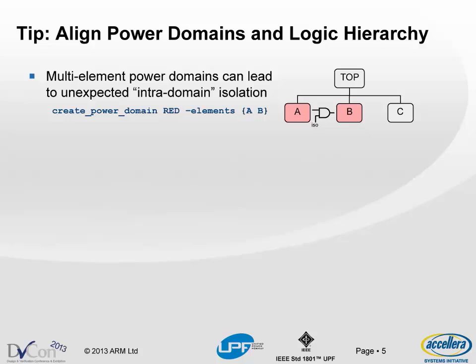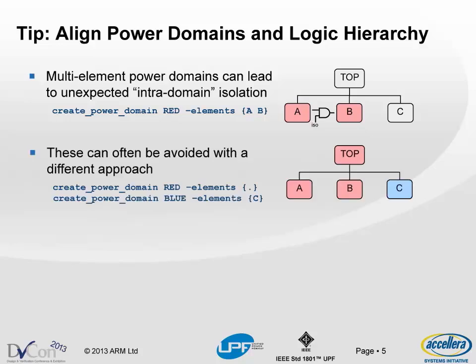But the way UPF works, the power domain red's boundary is the aggregation of the boundary of module A and module B. So the fact that the net leaves A means it leaves power domain red. And if you think about it from a Verilog perspective, the wire that connects A and B exists in module top. That's why you get this somewhat unexpected isolation.